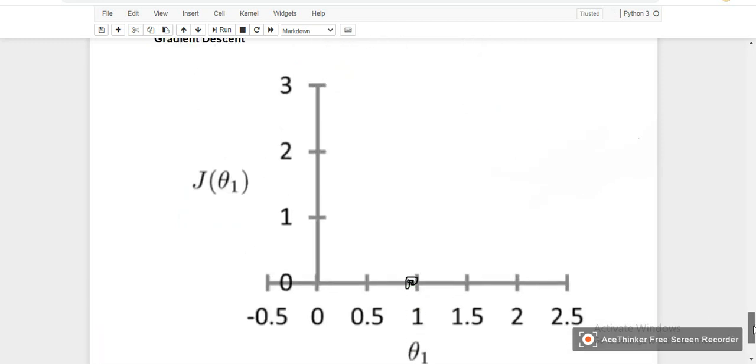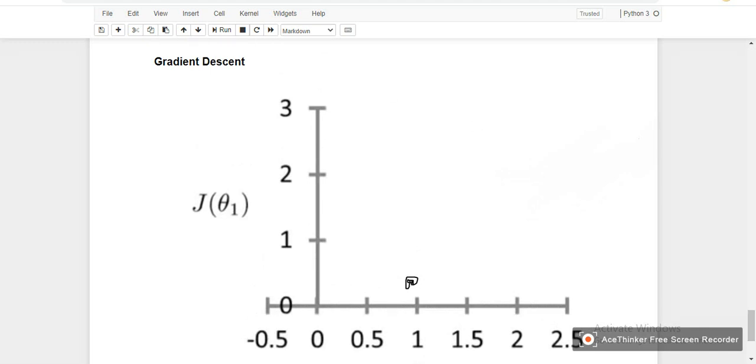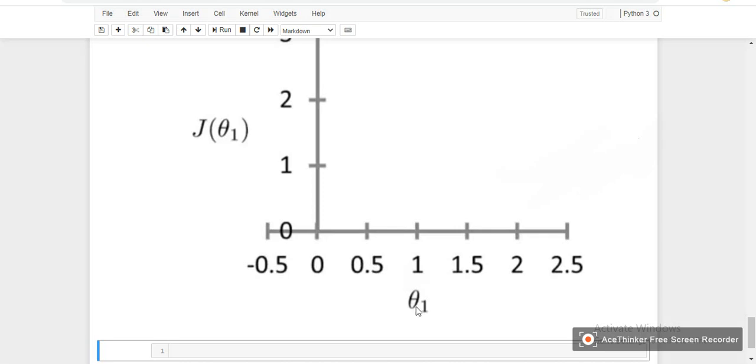This is the cost of the model, and this is the parameter theta 1.